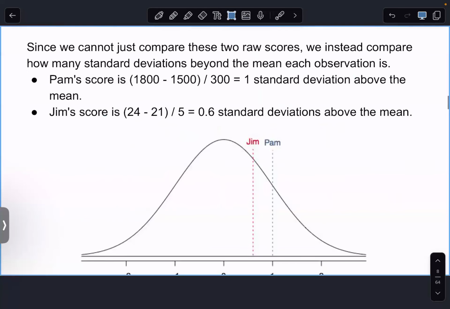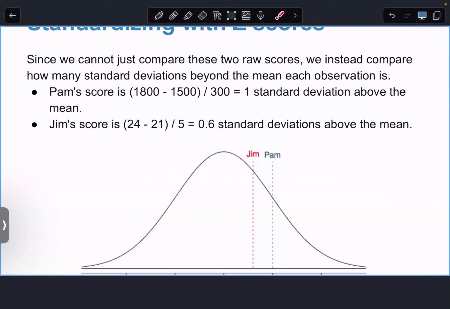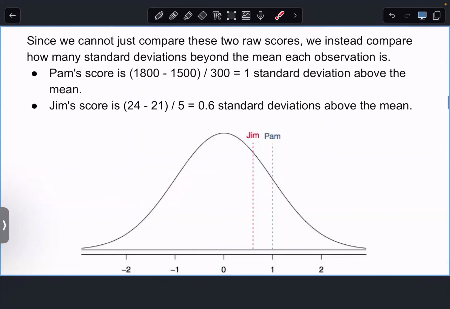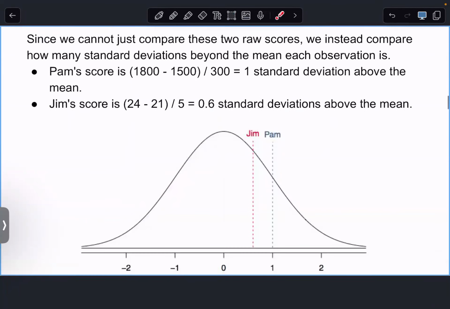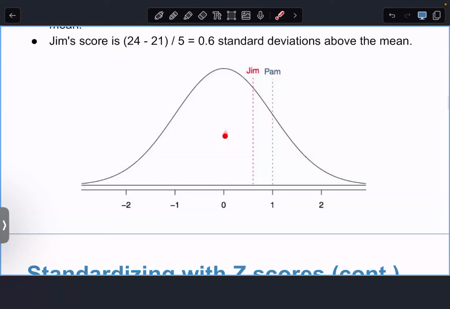We'll just talk through this example, but we already did it. So that's why I'm going to float through it a little bit. So what we did, right, is we found that Pam's score was 1 standard deviation above the mean, and Jim's score was 0.6 standard deviations above the mean. So if we put them on the same scale, right, that scale is going to be centered on 0.